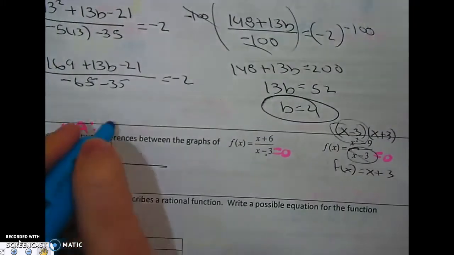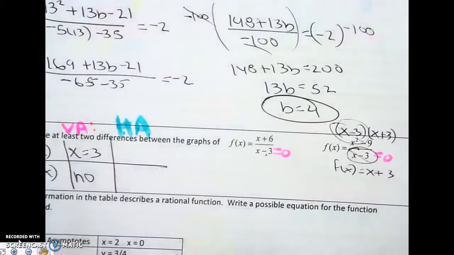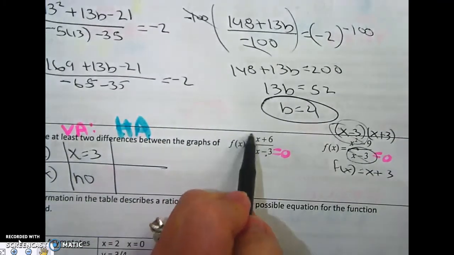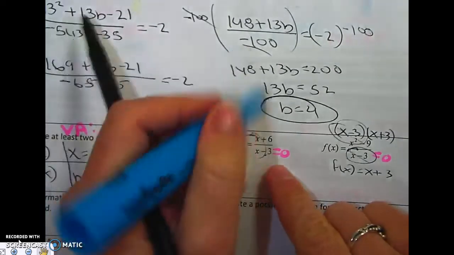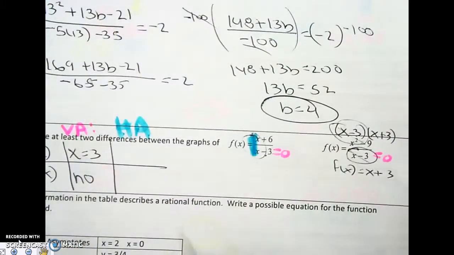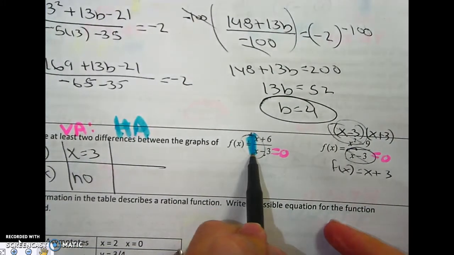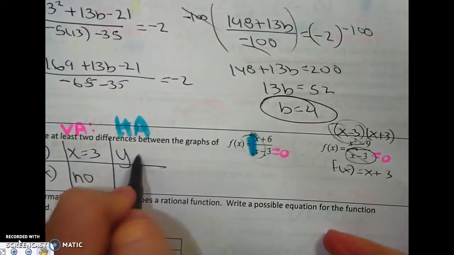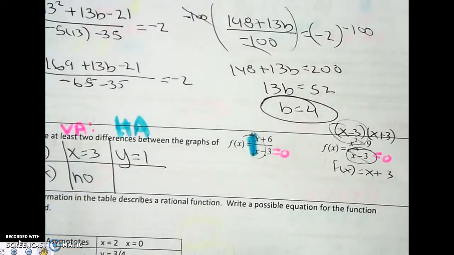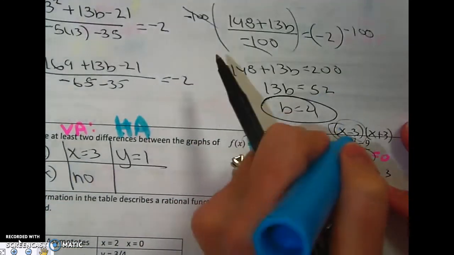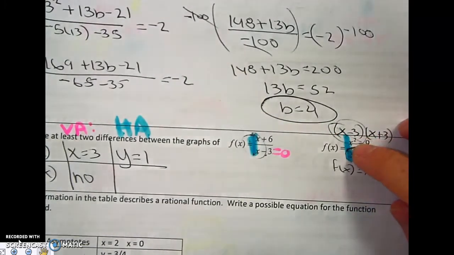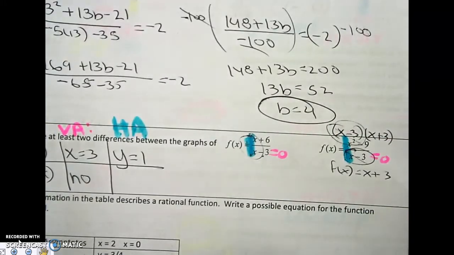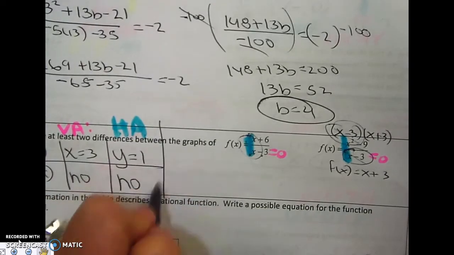The horizontal asymptote: you look at the degree, and since the degrees are exactly the same, you take the leading coefficients and divide them. So 1 divided by 1 is 1. But if you look here, the degrees are different. This one has a higher degree on top, so there is no horizontal asymptote.